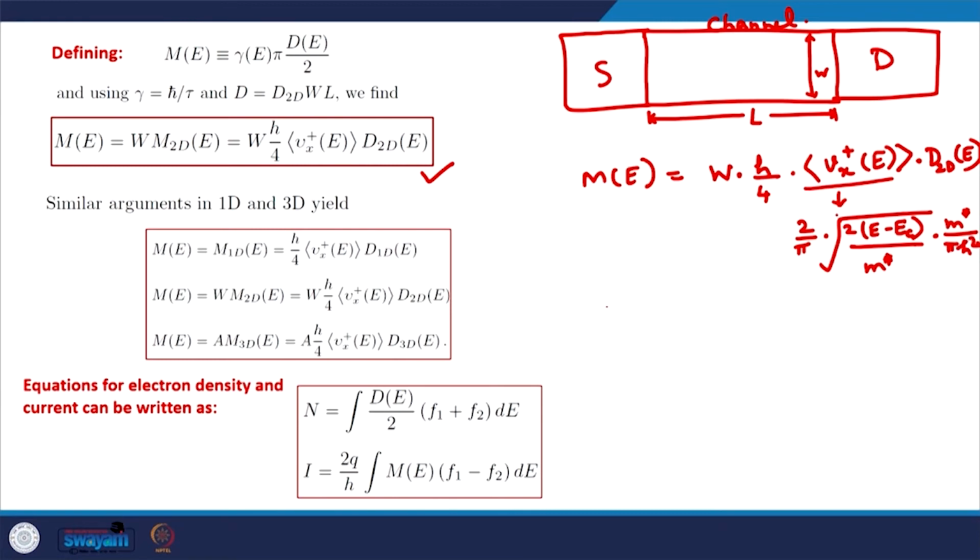So putting everything together, M(E), the number of modes in a 2D device, is W times h by 4 times this.